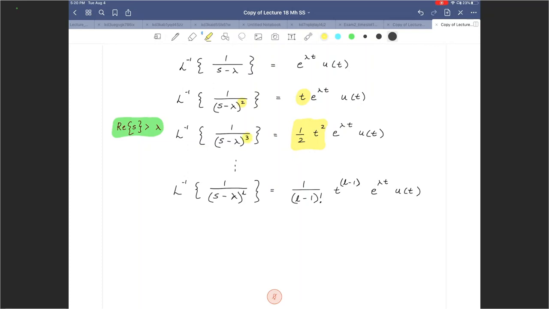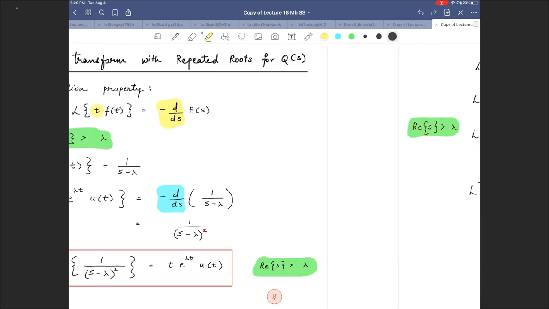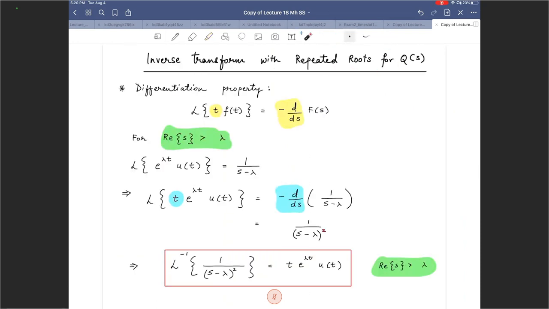And if you keep going and increasing your repeated roots at lambda, so you have right now L repeated roots at lambda, that would mean in the time domain you have that factor there, 1 over (L minus 1) factorial, and t raised to L minus 1. So this can be used to deal with the inverse Laplace of repeated roots of Q of s.